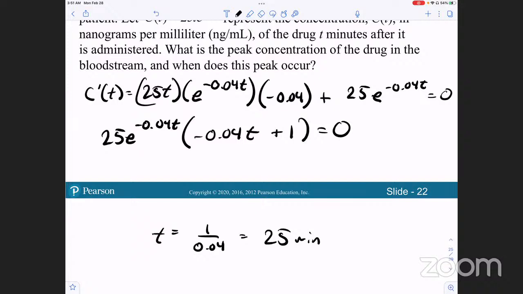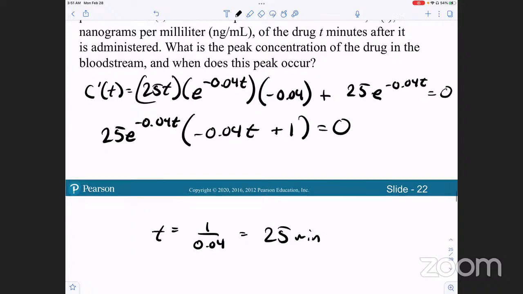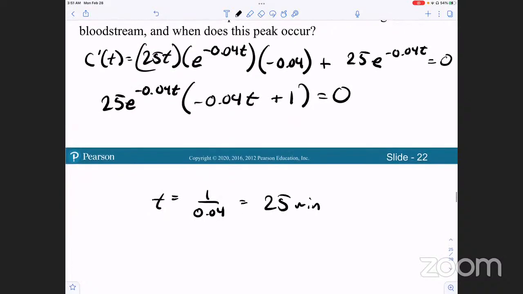We can use the second derivative. Is it worth it to do? Yeah, the second derivative. We use the product rule again: the first times the derivative of the second plus the second times the derivative of the first.